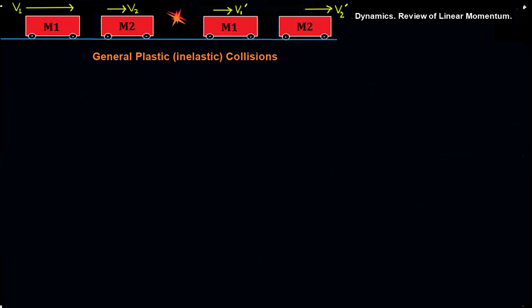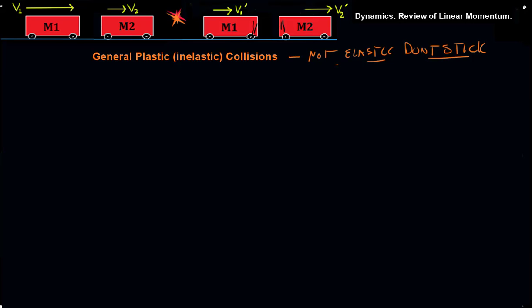In the case of generalized plastic collisions, where they're not elastic and they don't stick, they collide with each other and there's some deformation, but they still bounce apart. The general format would still be the same.